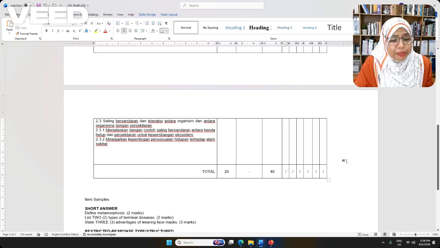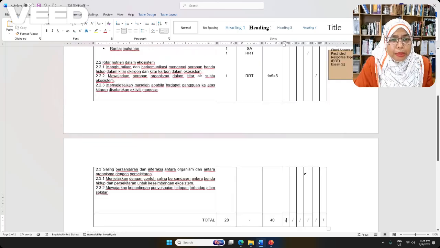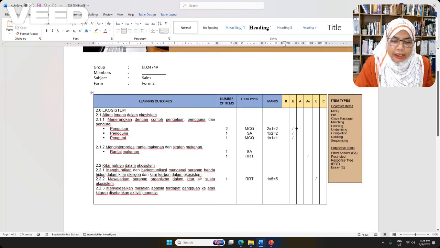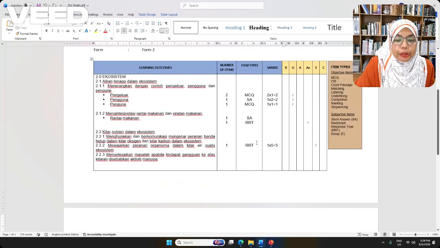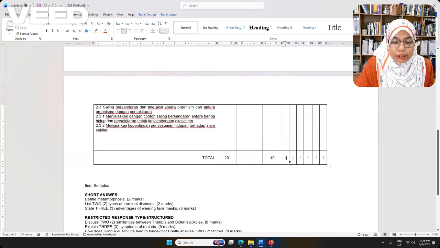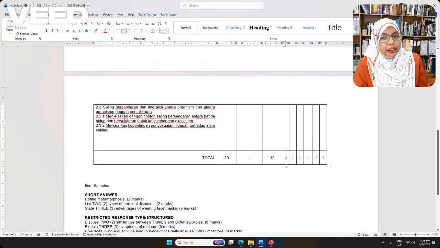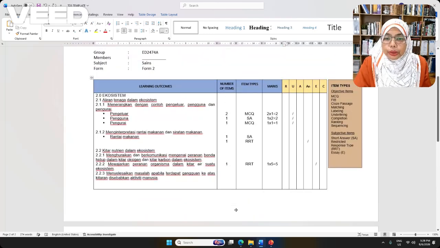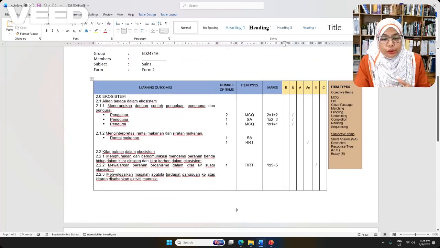You only need to put in a tick because one tick here may not necessarily say that this is one item because it can be more than one item. Okay, I'm just interested to see whether you have covered all the levels of Bloom's taxonomy. All right, so that will be how you complete the table of specifications.